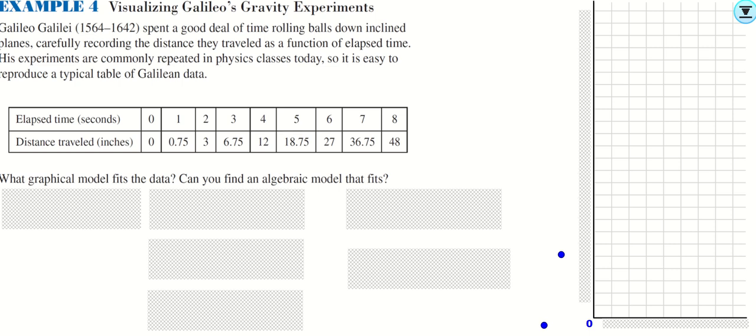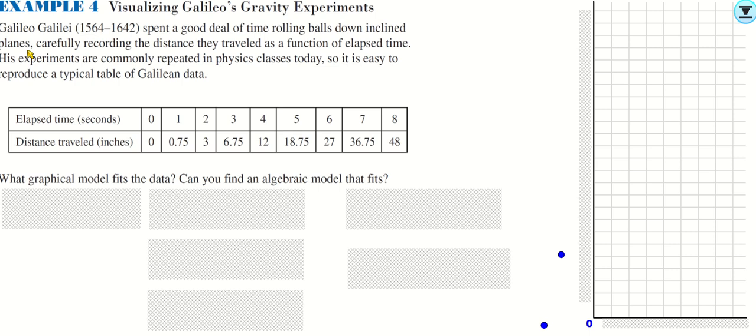So Galileo spent a good deal of time rolling balls down inclined planes, carefully recording the distance they traveled as a function of elapsed time. His experiments are commonly repeated in physics classes today, so it's easy to reproduce a typical table of Galilean data.